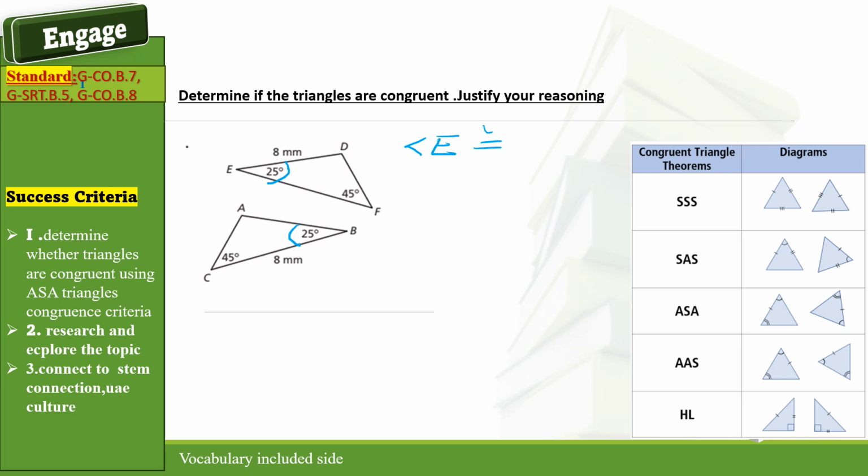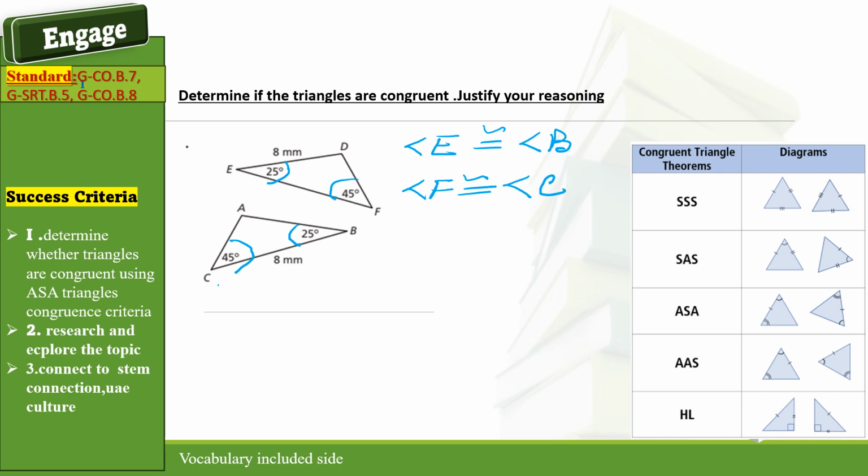So we can say that angle E is congruent to angle B. Now here we have angle F which is 45 degrees. Which angle has the 45 measurement? It is angle C. So angle F is congruent to angle C.